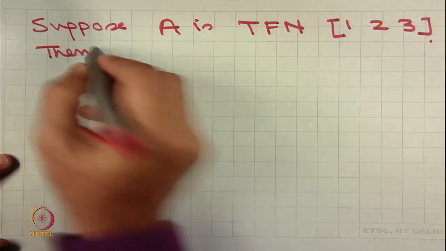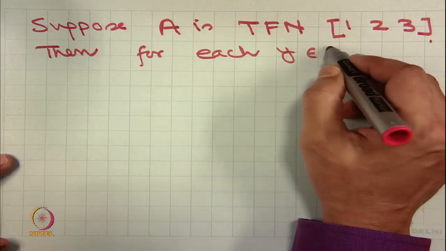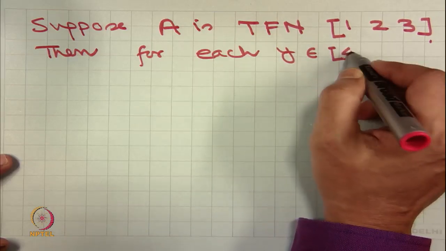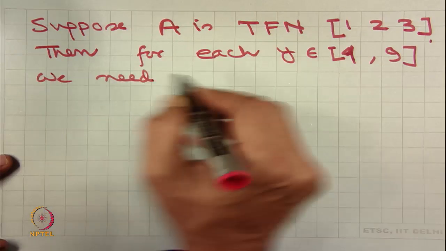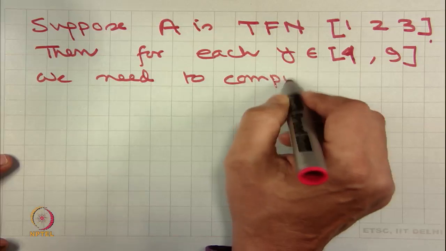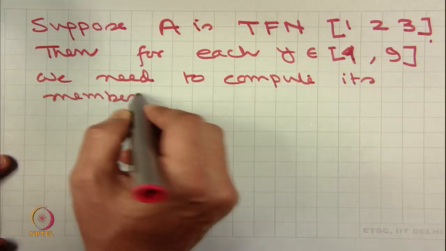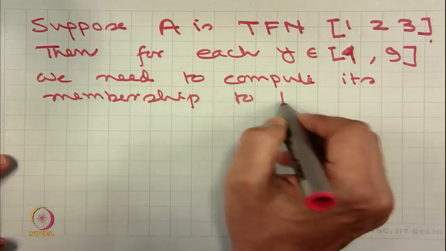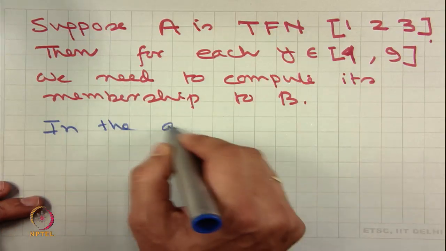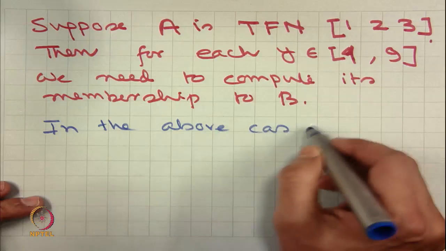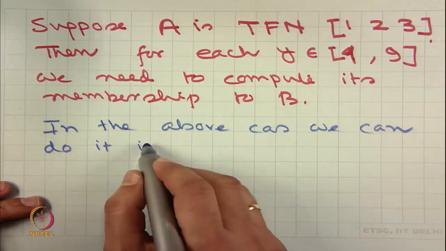Then for each y belonging to the interval 1, 9, we need to compute its membership to B. In the above case, we can do it very simply.